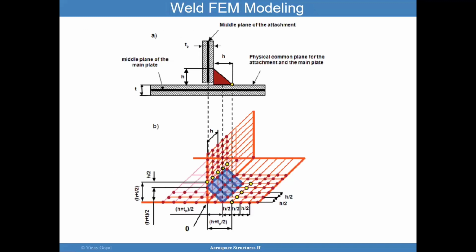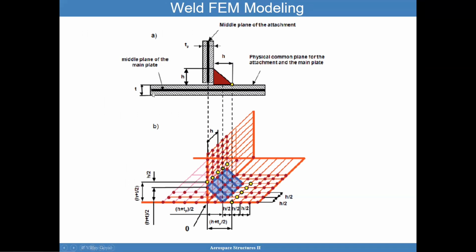Here's a weld finite element model, just to show you a top level view of what is going on. Here you have the midplane of the attachment. Here you have the midplane of the main plate, and we're welding this piece to this piece. This is a weld that you may have. Typically you will model shells representative of this plate, so you only model the mid surface using shell elements.